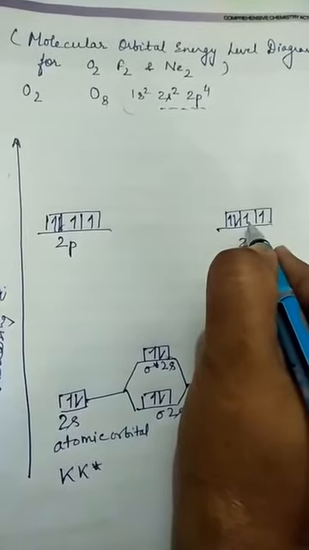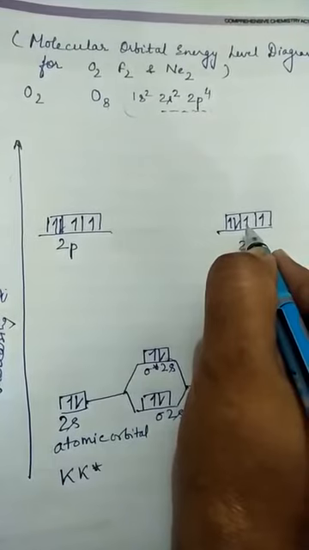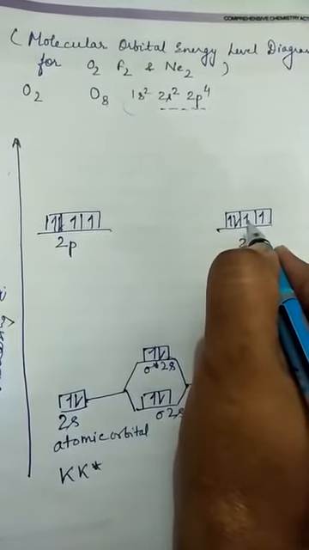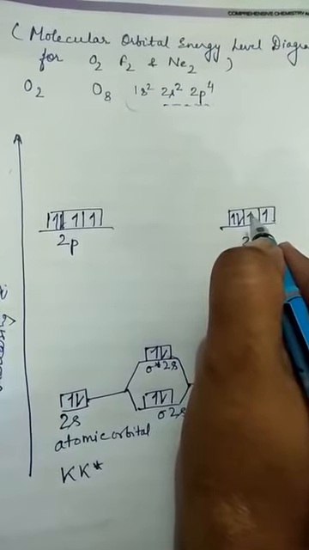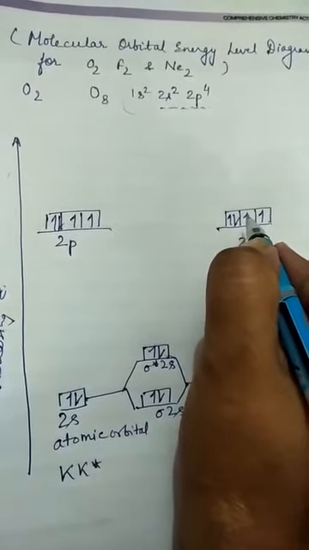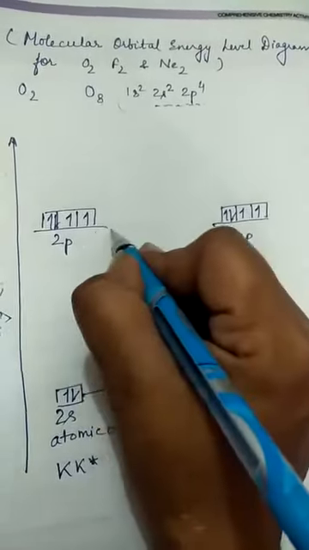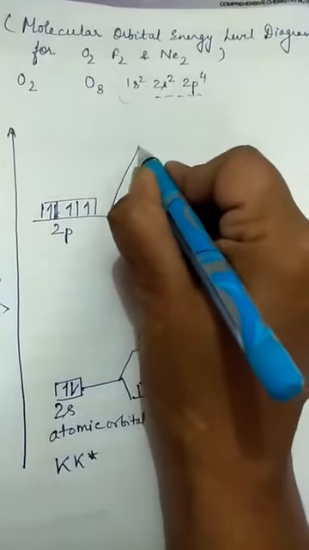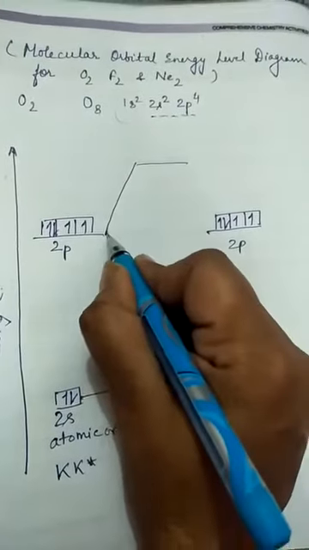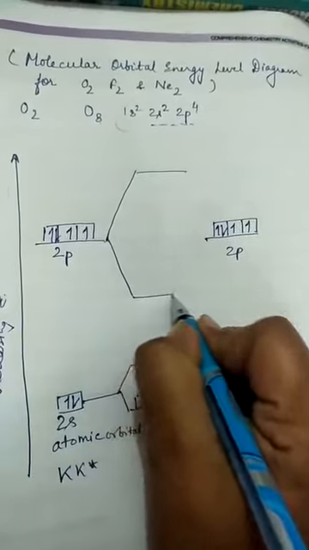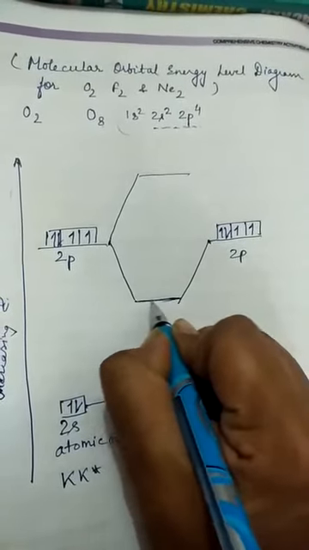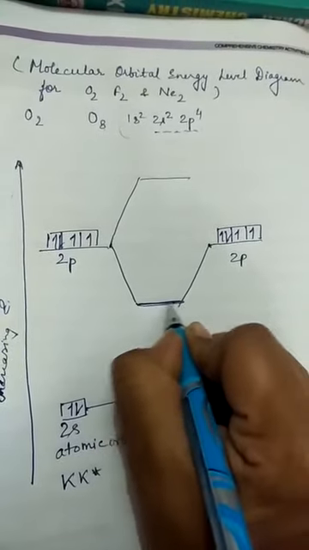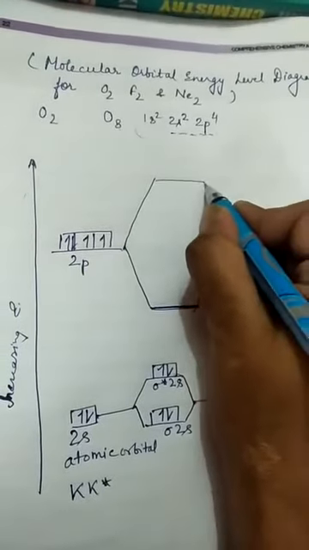So 6 molecular orbitals will be formed. Among them, 3 will be bonding molecular orbitals and 3 will be anti-bonding molecular orbitals.